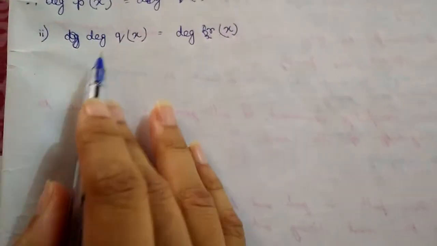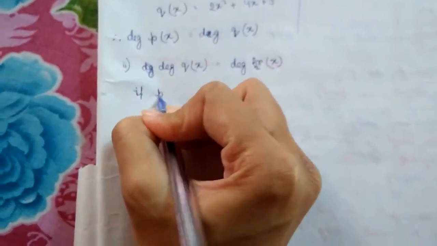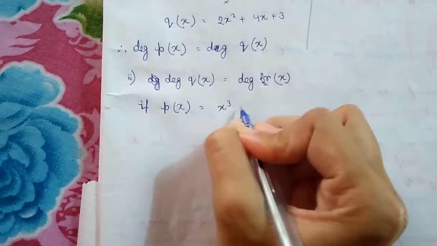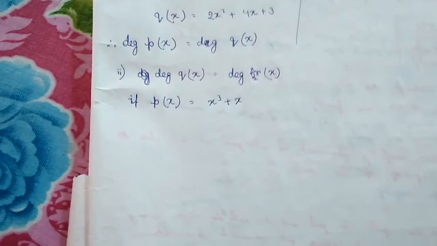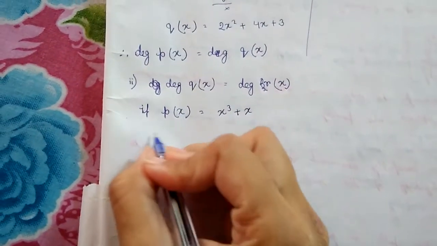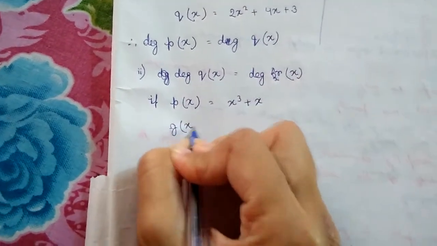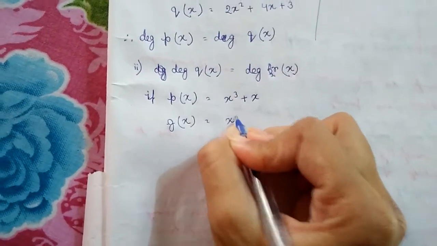Now the second one is degree of q(x) equals degree of r(x). For this type of question, let's assume p(x) equals x cube plus x, we will not take any constant term here. Then g(x) we will take x square.